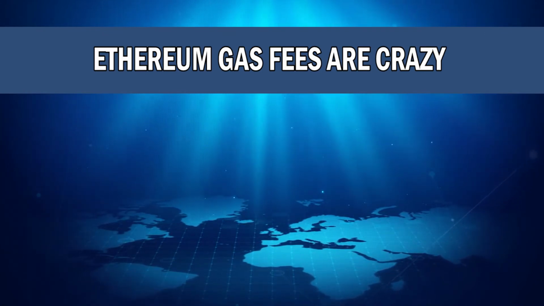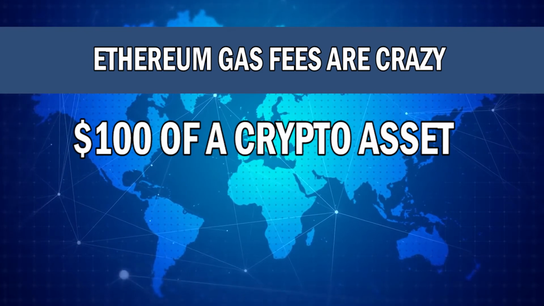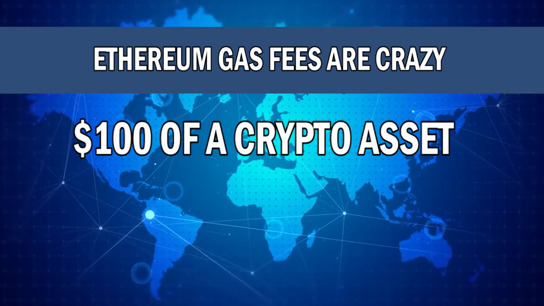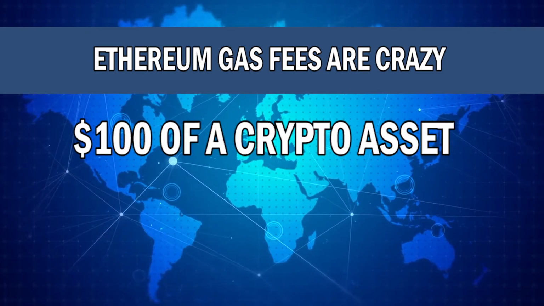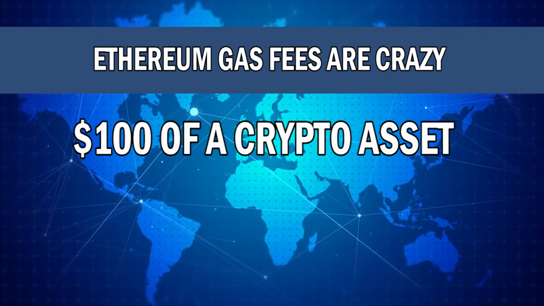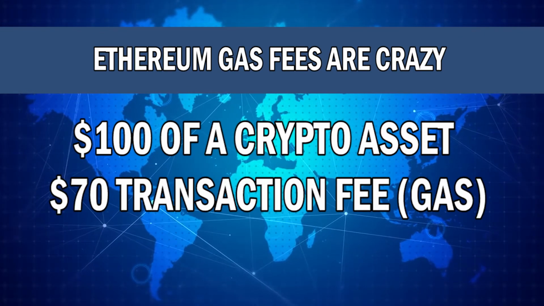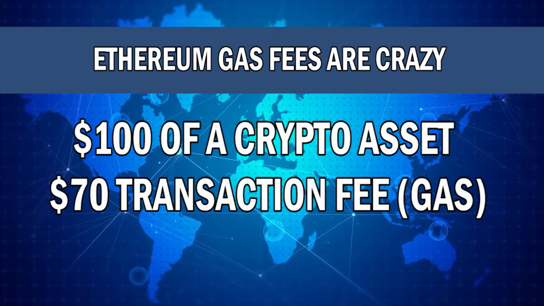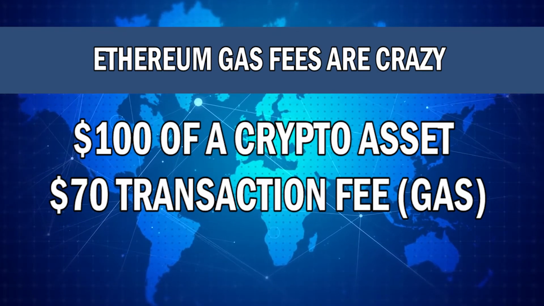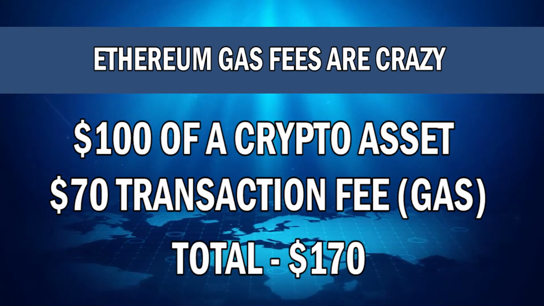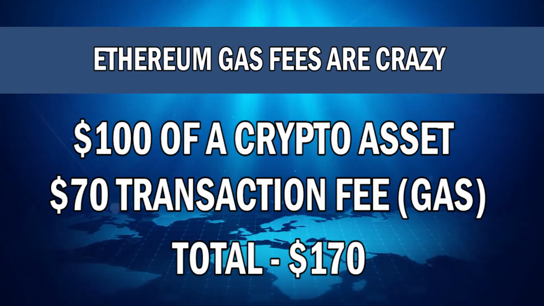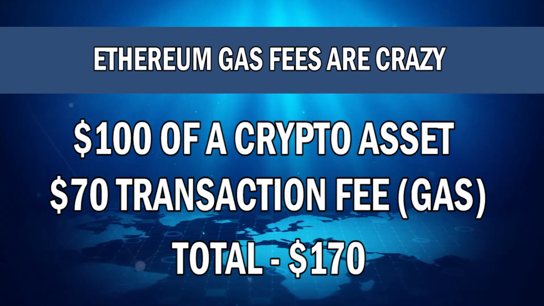So for example, if you've purchased a crypto asset off an Ethereum application, let's say for $100, you would then have to pay a transaction fee, or in crypto terms, an Ethereum gas fee of around $70. So your grand total would be $170, which is absolutely insane and daylight robbery.